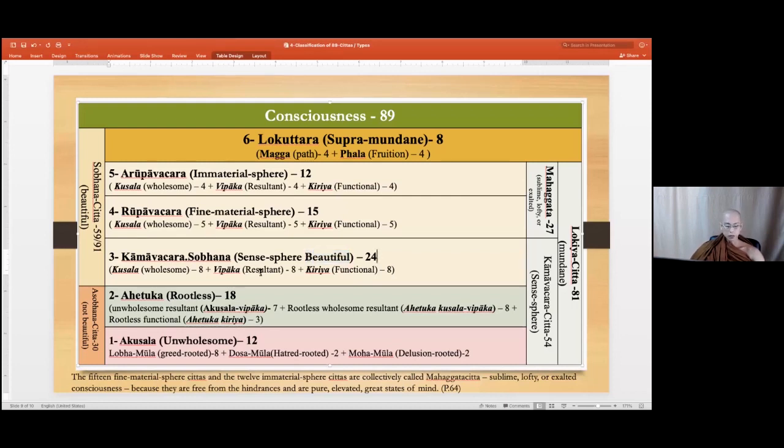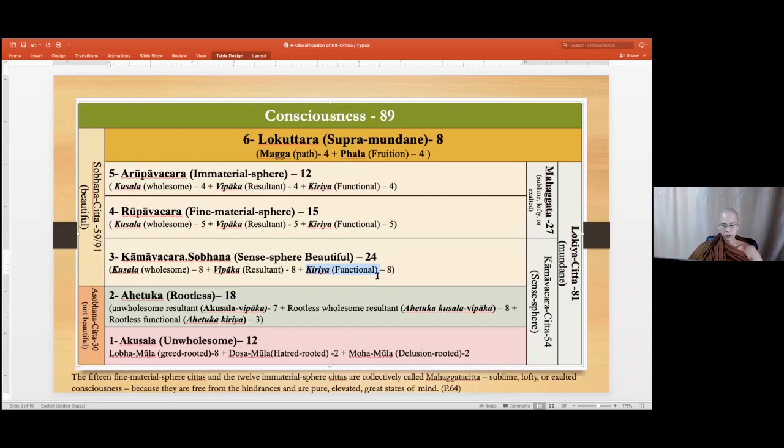How it becomes 24 is much easier than the previous 2. So wholesome, kusala, resultant, vipaka, and functional, kiriya, the 3 types, each of them has 8 in number. That's why it becomes altogether 24. Wholesome produces the resultant, but functional is mental activity that is unproductive.